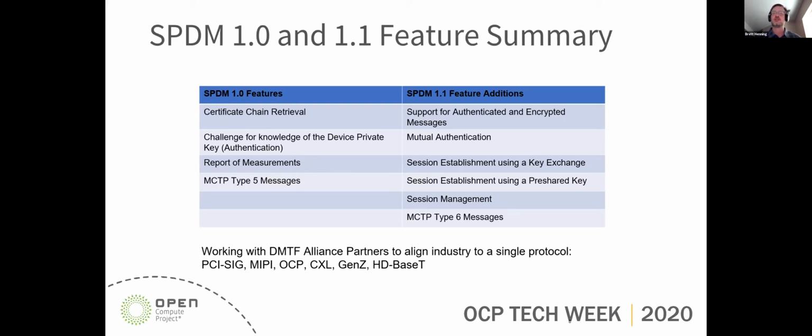This includes the ability to set up a session and exchange keys, as well as manage the session. And these are captured in MCTP type 6 messages. The next slide is going to get into some more detail on the difference between those two message types, but this is really the overview of what the two message types can do.